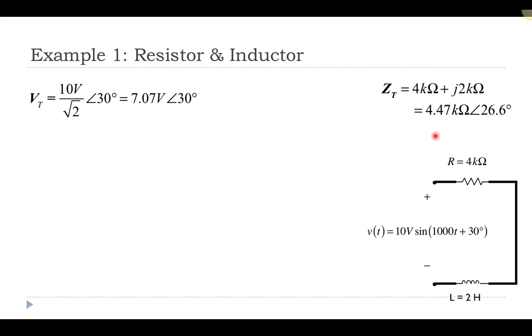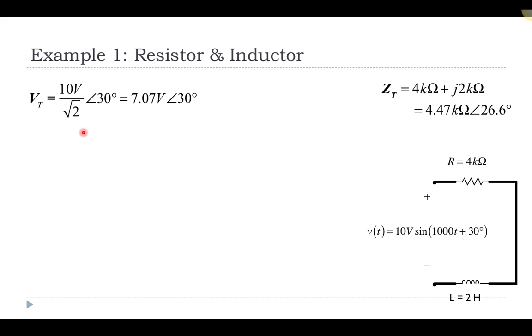My goal is to figure out how much current is flowing through these two components together. I haven't done this in the picture, but I could have taken this resistor and this inductor and just replaced this circuit with a box, and that box would be my impedance, which is the value we found on the previous slide. I know the voltage across that impedance is 10 volts with an angle of 30.